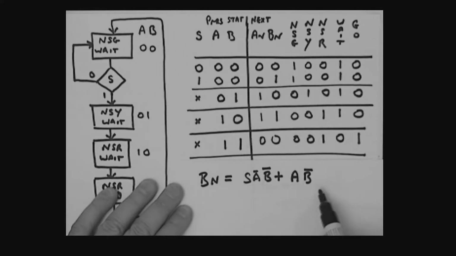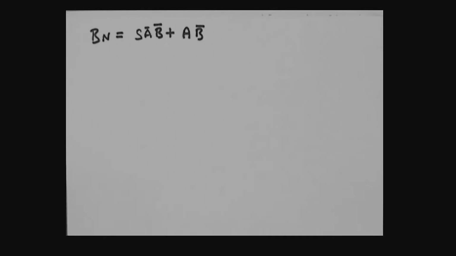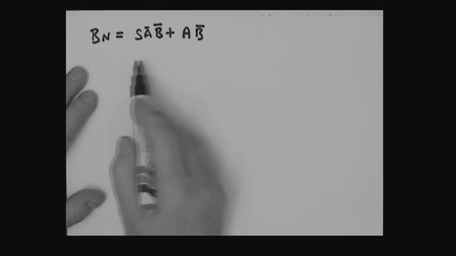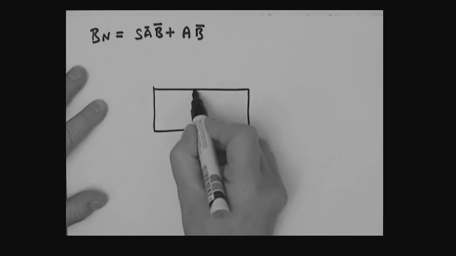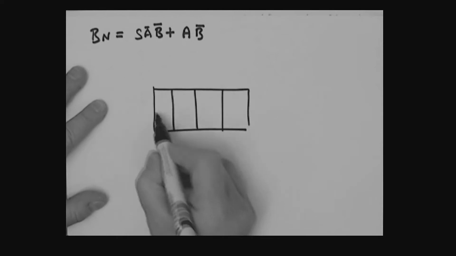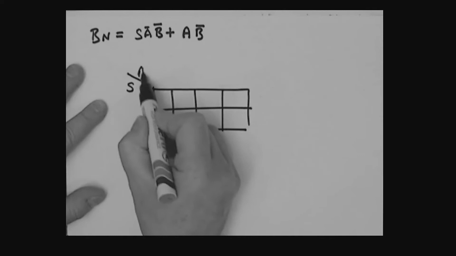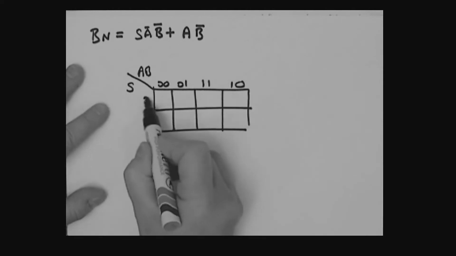I've got Bn. Now, can we simplify Bn? Well, let's have a little look at that. All right, let's see if we can actually simplify this. Look, you can use Boolean algebra. We might better use just a K-map. Let's just draw a K-map sitting here and see if we can actually simplify this expression. Okay, so my variables are S, A, B, 0, 0, 0, 1, 1, 1, 1, 0, 0, and 1.